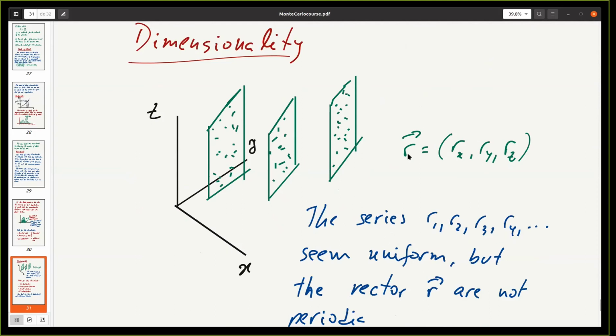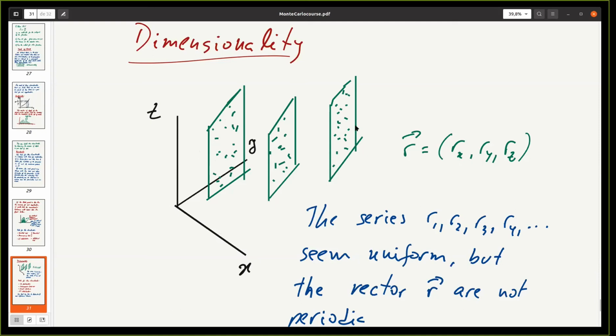But when you use this series of random numbers to create vectors in some dimension, like dimension 3 here, using them to calculate the components X, Y, and Z of your vector, you find out that they are not uniformly distributed, but are displayed like this.